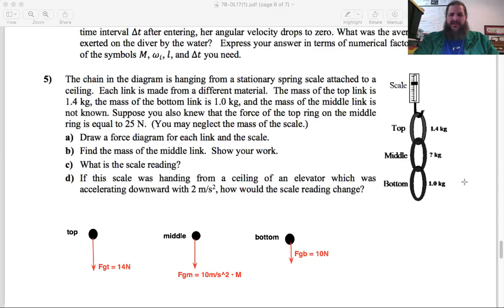Yeah, the middle link is exerting a force on the bottom link, pulling it up. So that's the force of the middle on the bottom. And how strong does that have to be? Ten newtons in the positive direction?